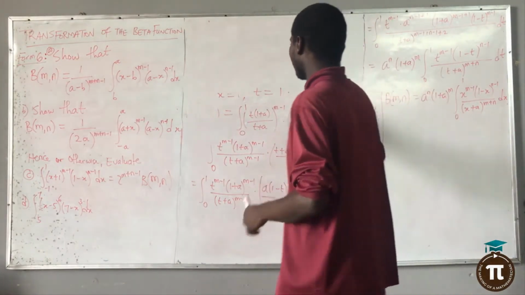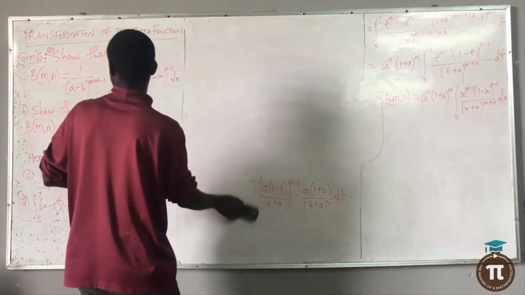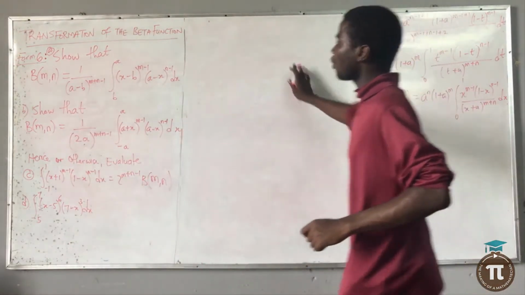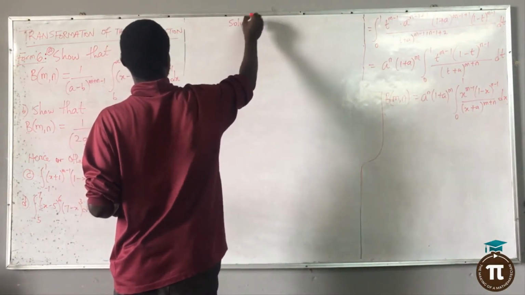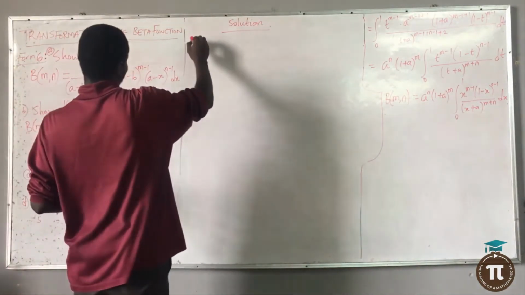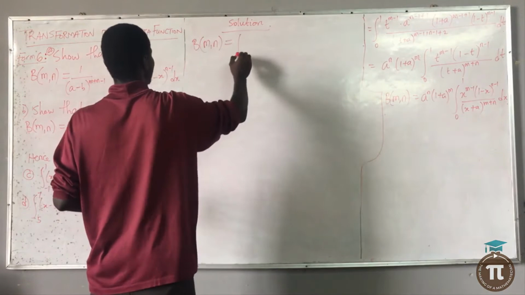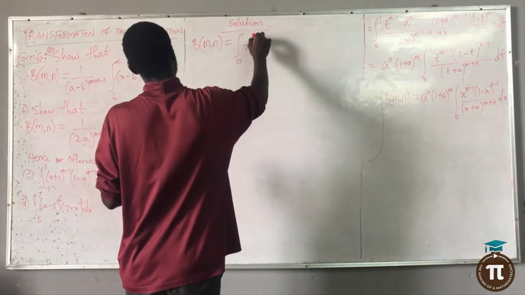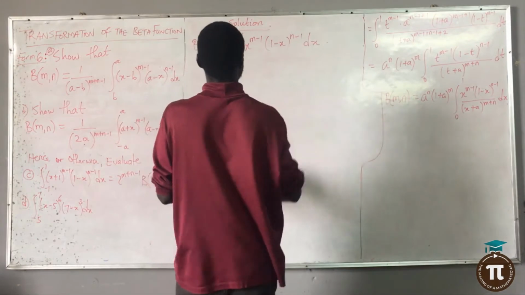So I'm going to use the polynomial definition. Beta of m comma n is equal to integral from 0 to 1 of s raised to the power of n minus 1, 1 minus s raised to the power of n minus 1 ds.